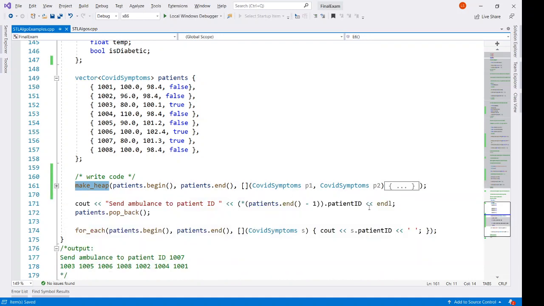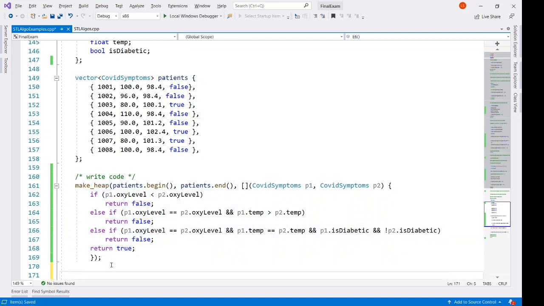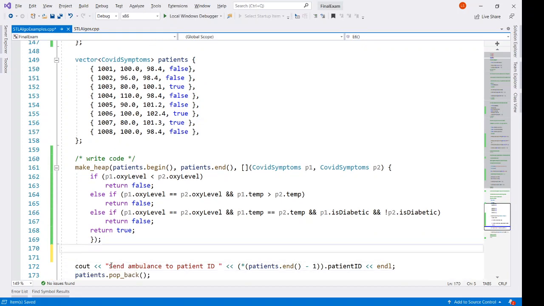Now once we have made a min heap, we want to pick up the first element out of this heap. So we have the pop heap function that picks up the elements from the heap, and remember this make heap will make the heap in place in the patients vector only.